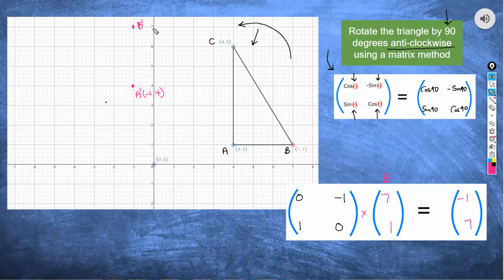So B prime is -1, 7. And for C prime, I have a good feeling I'm going to get -6 all the way up to 4. But confirm it on your end, because sometimes I do make mistakes. And when you connect it, your triangle will look like that.